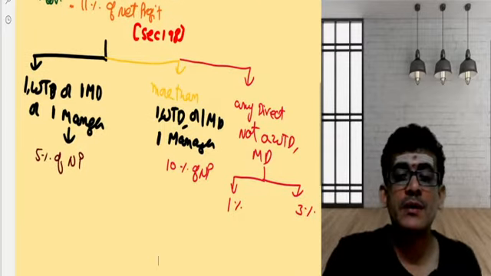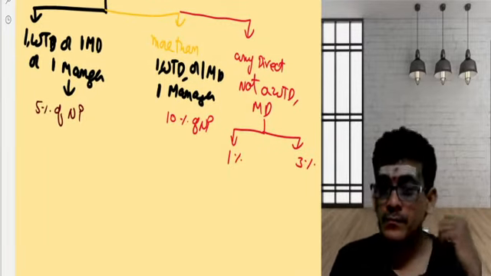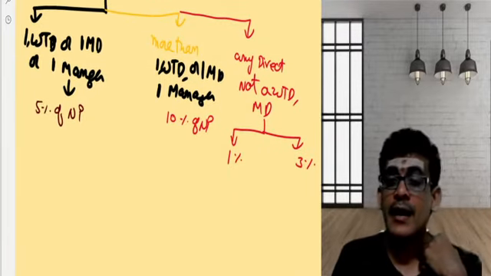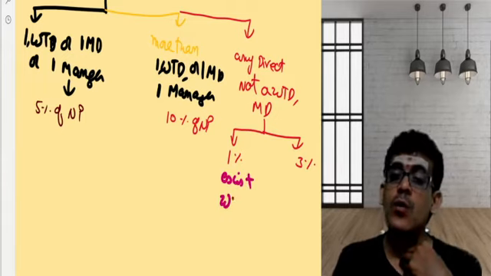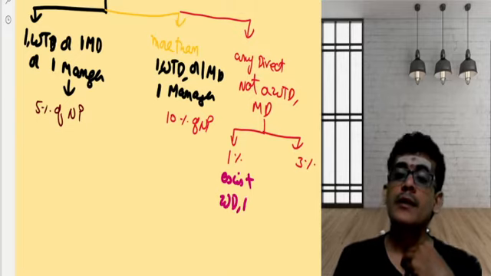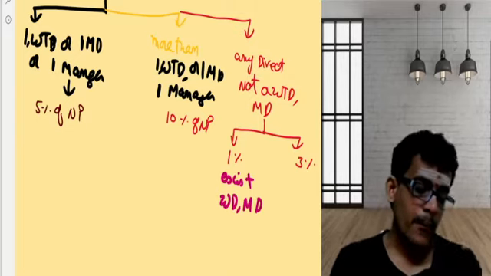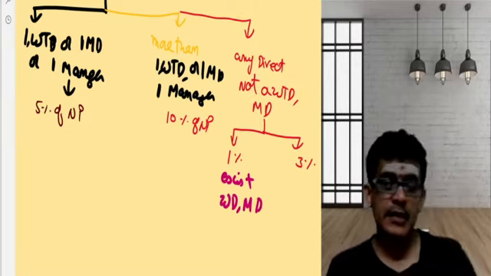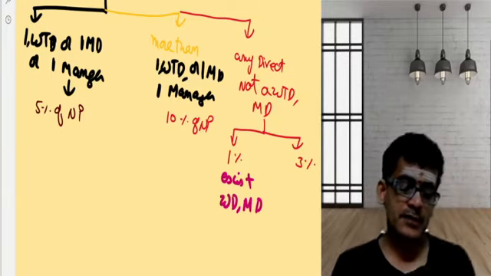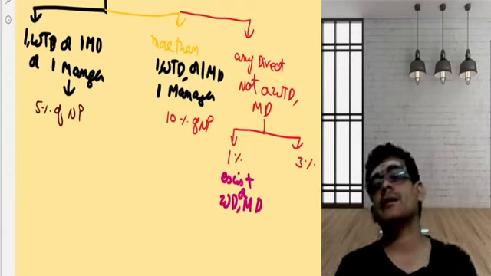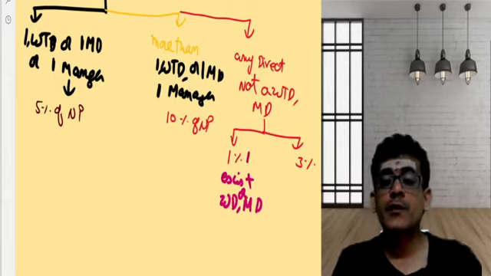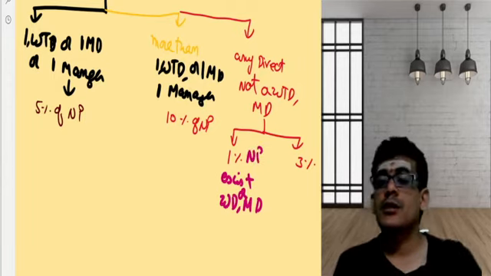Now, when is it 1%, and when is it 3%? If either a whole-time director or a managing director exists, then it is going to be 1% of your net profits.